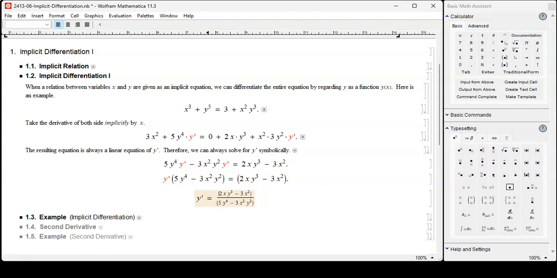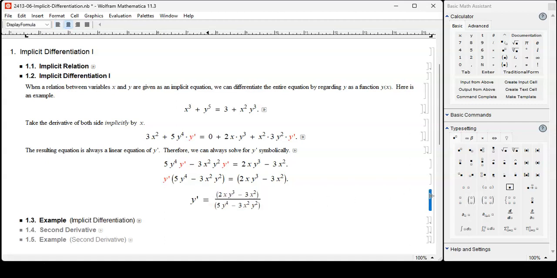Sorry about this typo here. Expanding the font. That's how you find the derivative and complete your computation.